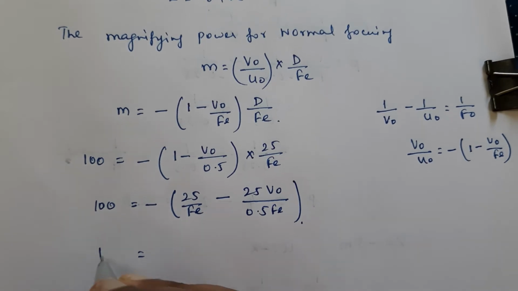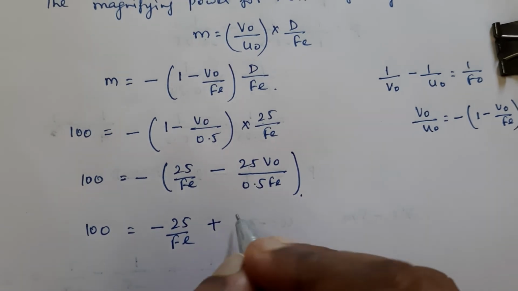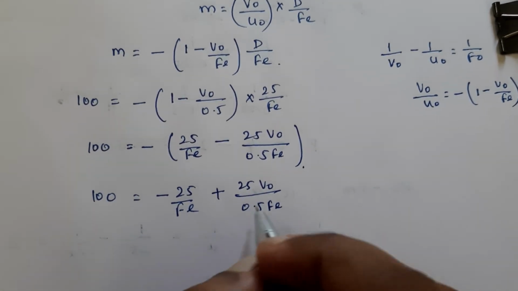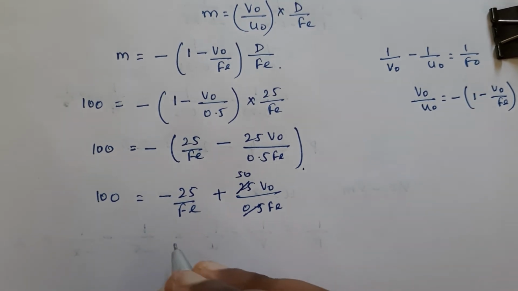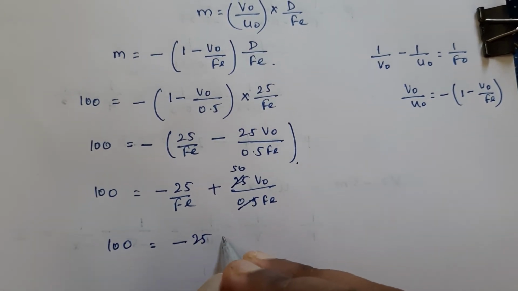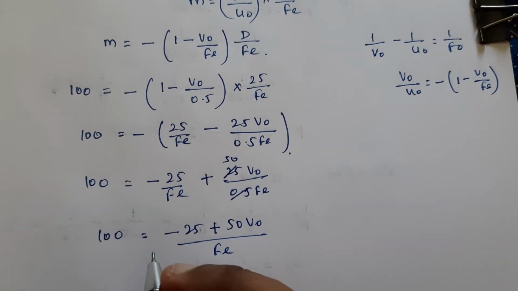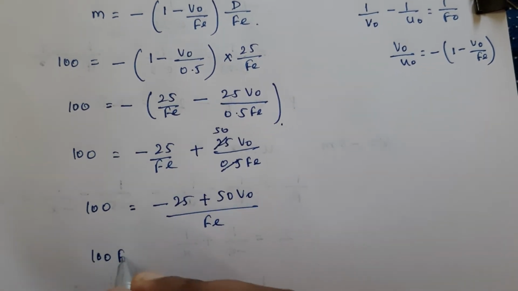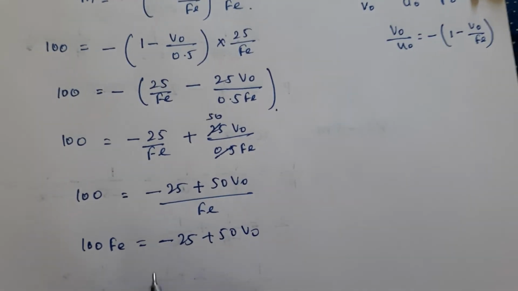This can be written as minus 25 by Fe plus 25 V0 by 0.5 Fe. If I cancel this, I will be getting this as 50. So 100 is equal to minus 25 plus 50 V0 by Fe. Both the denominators are same, so I can cross multiply: 100 Fe is equal to minus 25 plus 50 V0.